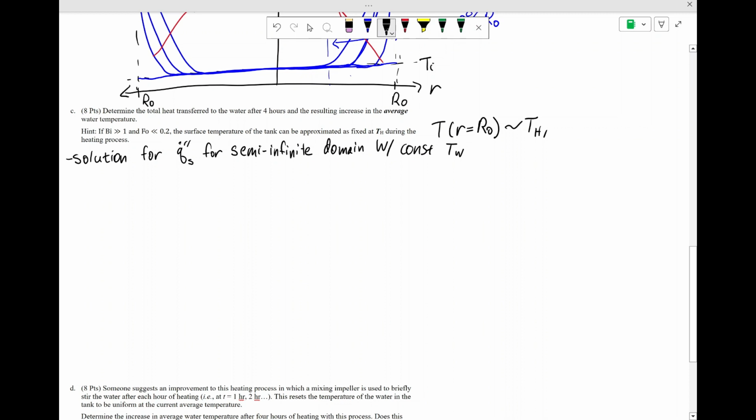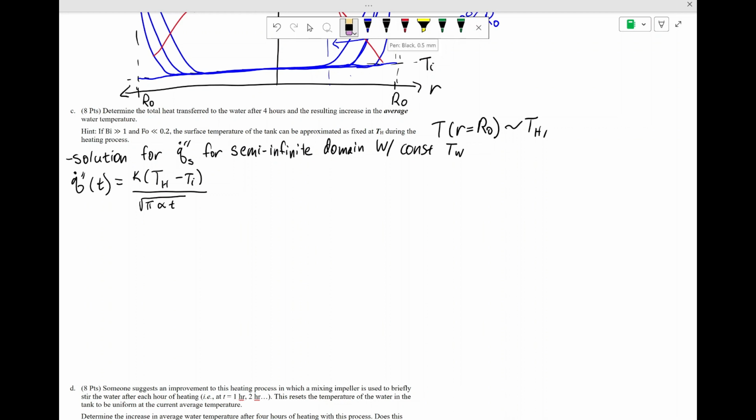So the instantaneous heat flux from that formula is going to equal the following. The heat flux at the wall is k times the wall temperature, which is TH, minus the initial temperature TI, over the square root of pi times alpha times t.